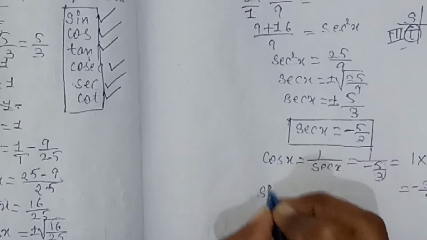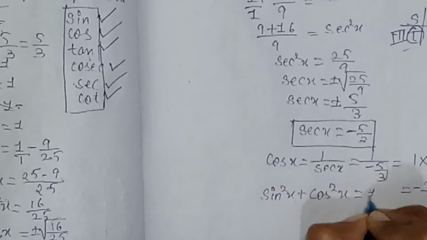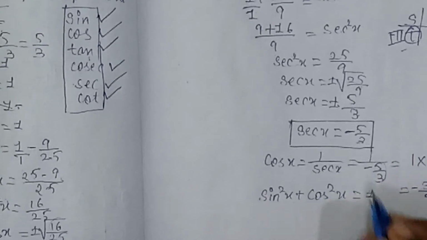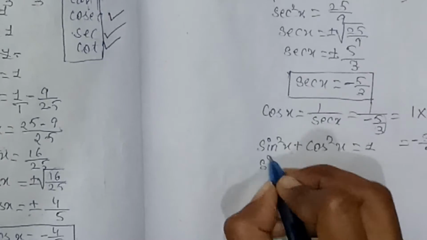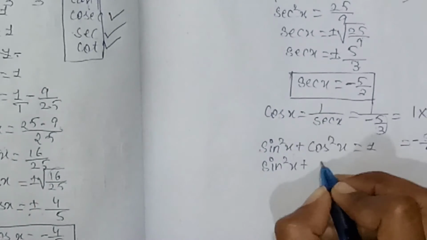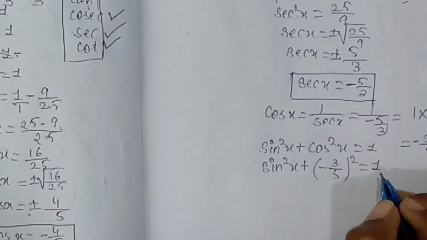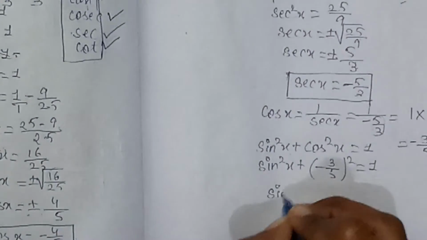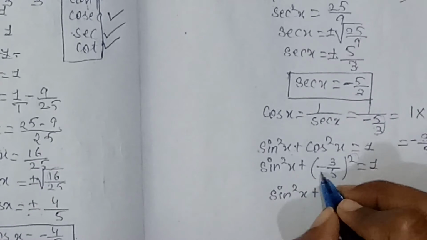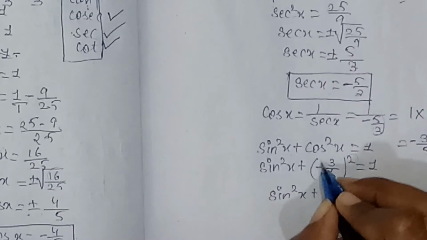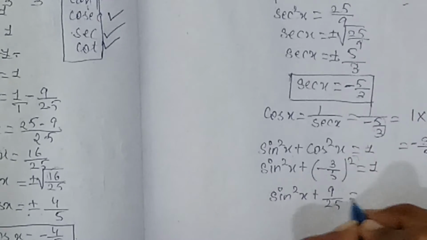So sine square x plus cos square x is equal to 1. We know the value of cos, that is minus 3 by 5, whole square. So sine square x, as I've said, when the power is even, minus becomes plus. So the power is even. The 3 square is what? 9. 5 square is 25.